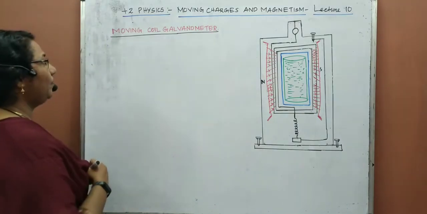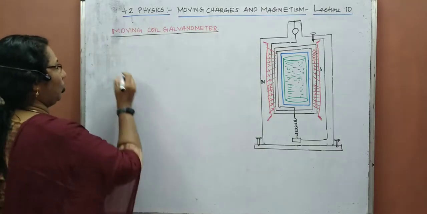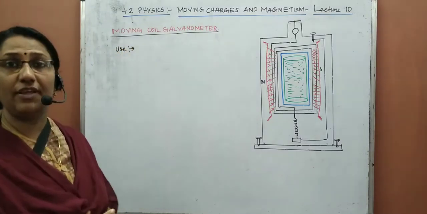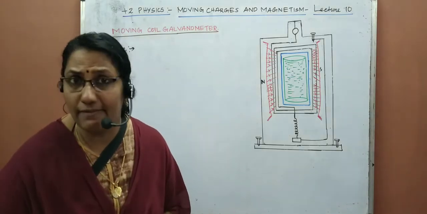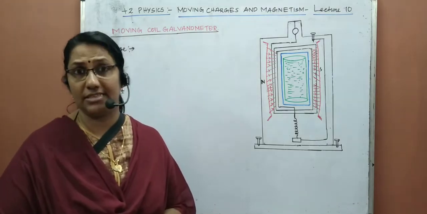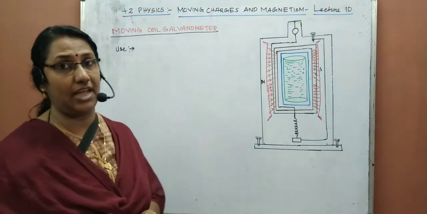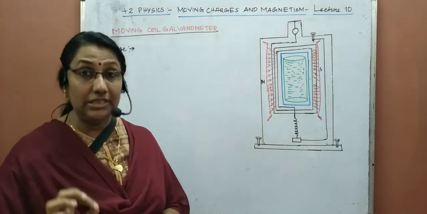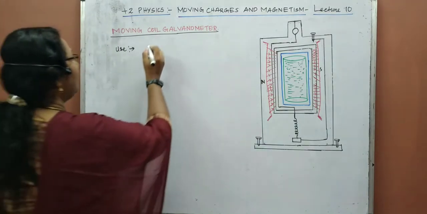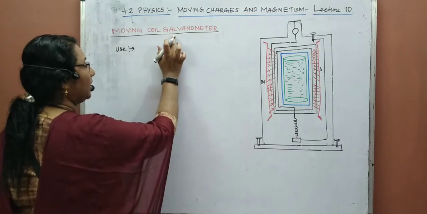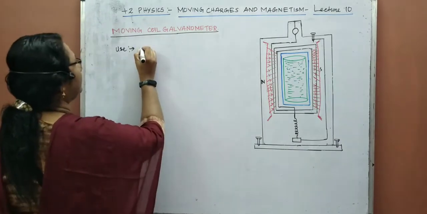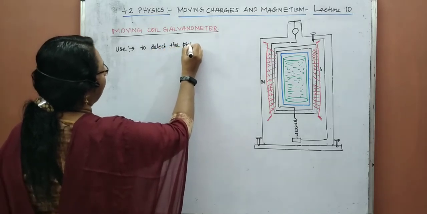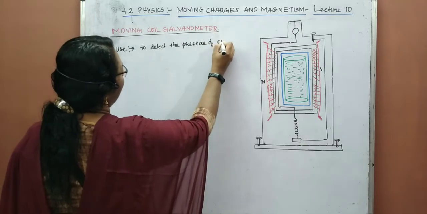At first, this is a device, and any device has its own use. So what is the use of a galvanometer? All of you know a galvanometer is a device which is used to detect the presence of current, not to measure, but to detect the presence of current in a circuit.